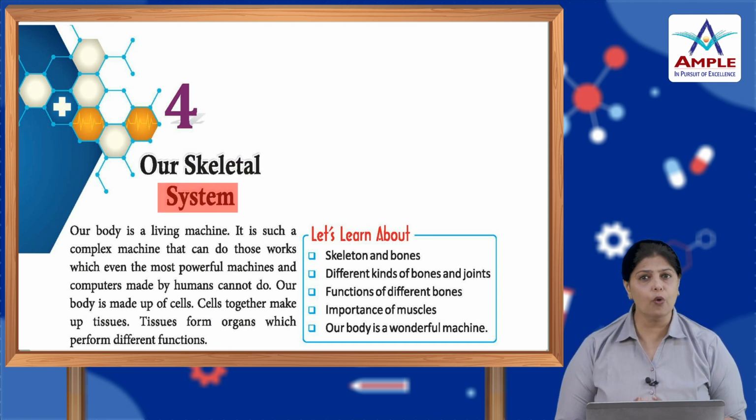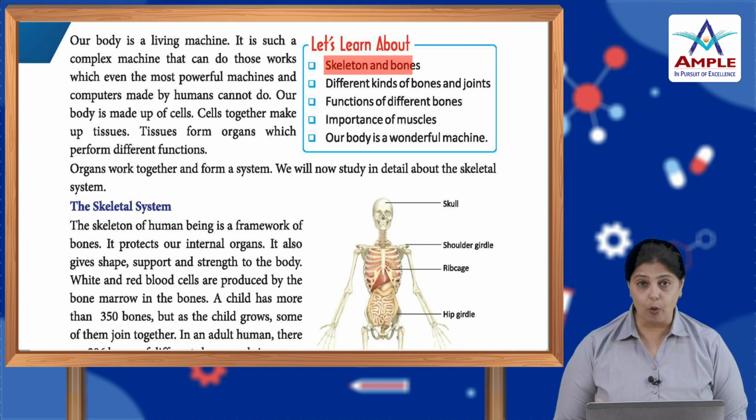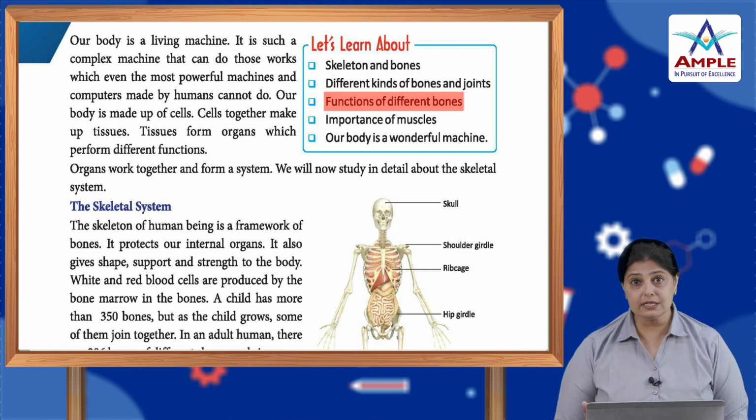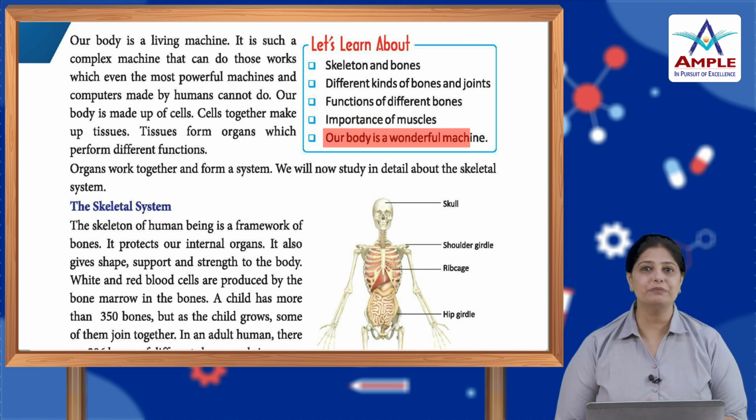Let's see what our skeletal system is and how it helps our body, which is a machine, to function. Let's learn about skeletons and bones, different kinds of bones and joints, functions of different bones, and the importance of muscles in our body, which is a wonderful machine.